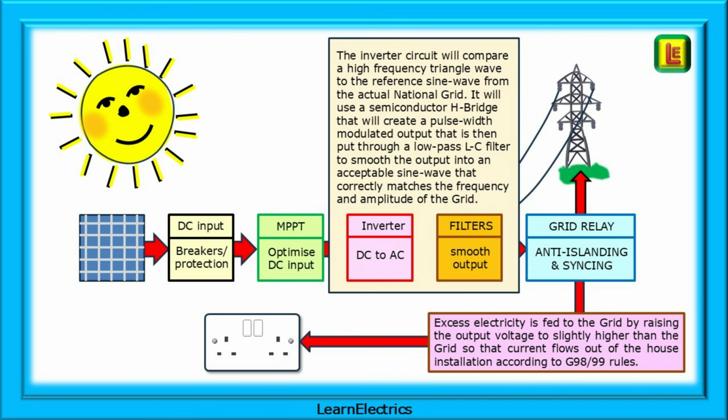It will use a semiconductor H-bridge that will create a pulse-width modulated output that is then put through a low-pass LC filter to smooth the output into the acceptable sine wave that correctly matches the frequency and amplitude of the grid. Any excess electricity is fed to the grid by raising the output voltage to slightly higher than the grid so that current flows out of the house installation according to G98 and 99 rules.